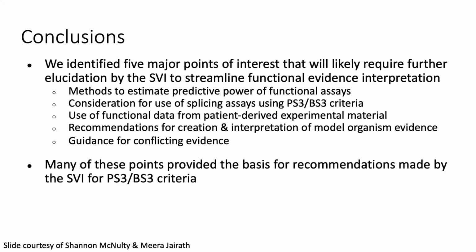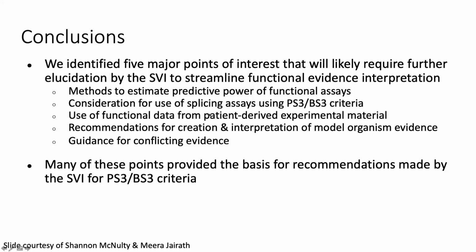In particular, more guidance is needed on how to estimate the predictive power of functional assays, and the consideration for how to use splicing assays using the PS3 and BS3 criteria, as some groups applied splicing criteria under the PS3 or BS3 code and others did not.